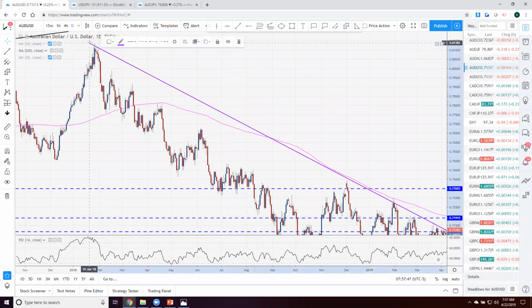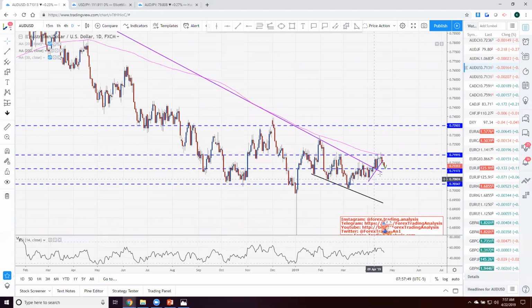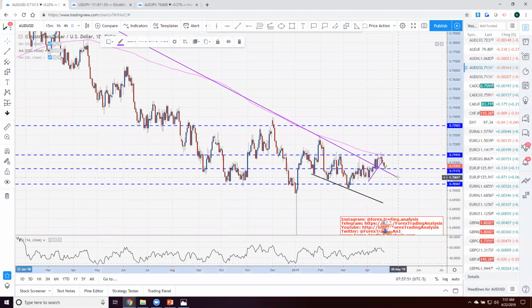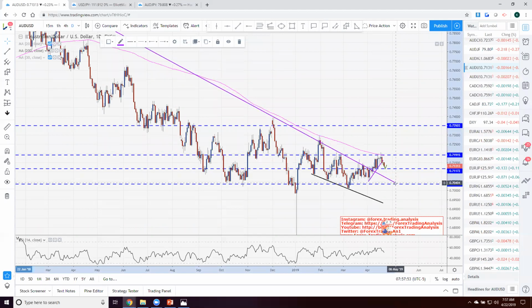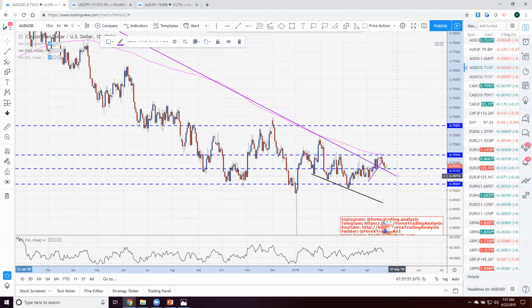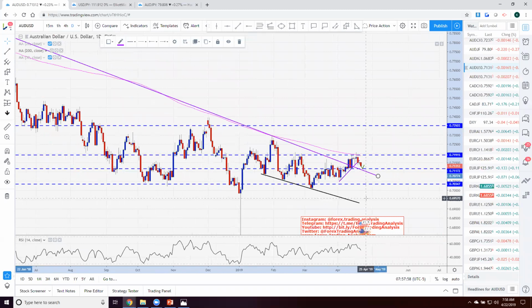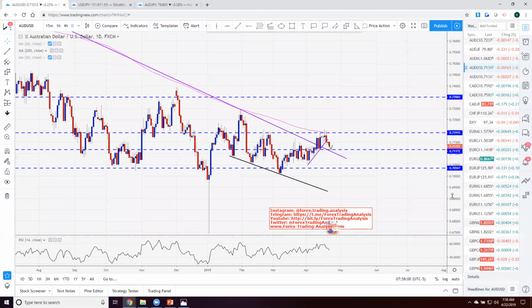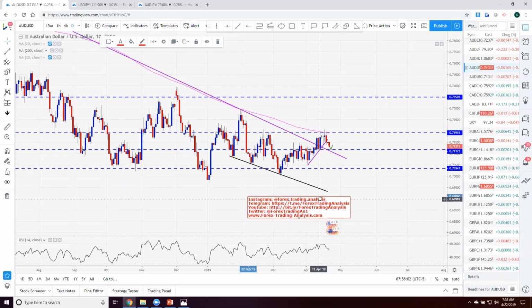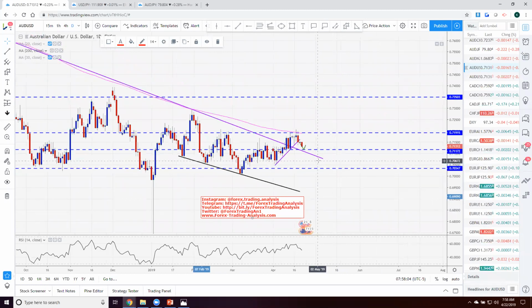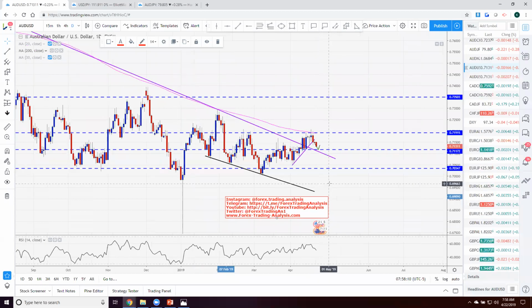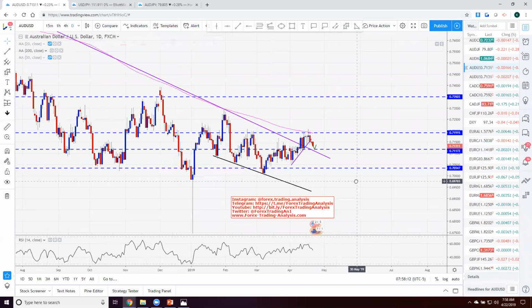So we've been on a downtrend, bearish trend for a while, depending on where you put your trend lines. So we put it here. We could be looking for a little bit more shallow pullback before maybe going higher. So we'll be watching to see what that does.